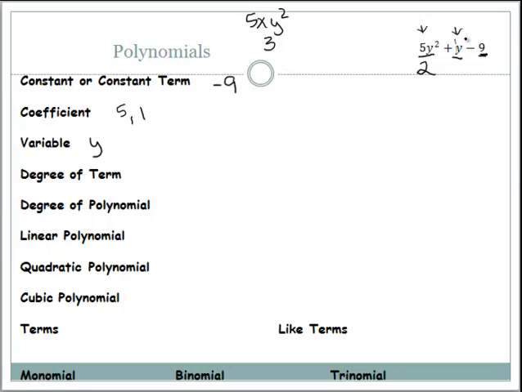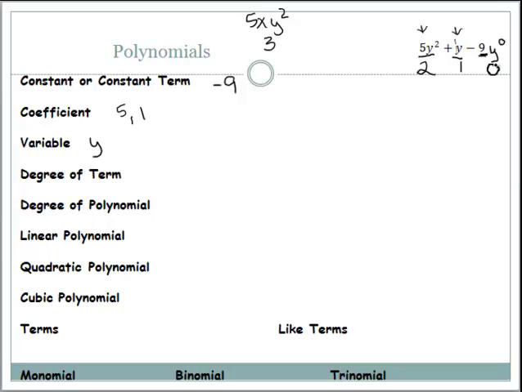So the degree of this term, there's only one variable, and the degree is a 1. This doesn't even have a variable, but what if it did have a y? To make it so that it didn't have a y, you would put a 0 on there. Y to the 0 power is 1, right? So this is your variable part of the constant term.